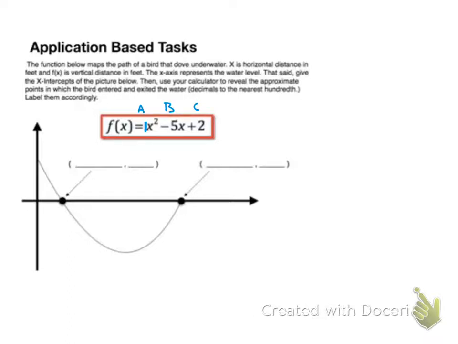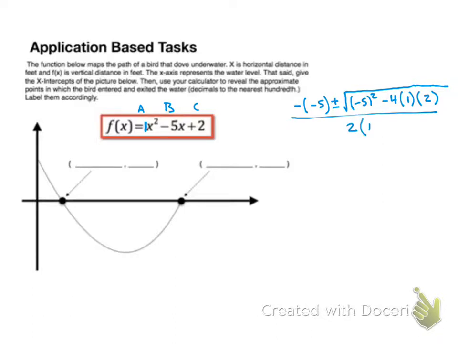So negative B is negative 5, plus or minus the square root of B squared, negative 5 squared, minus 4 times A times C, all divided by 2 times A, which is 2 times 1, which would just end up being 2.